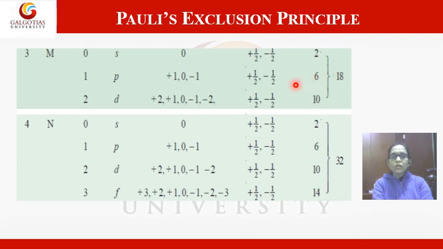Similarly, there are 5 3d orbitals: dxy, dyz, dzx, dx square minus y square, and dz square. For the 3d orbitals, the principal quantum number n is 3, l is equal to 2, and there are 5 different values for the magnetic quantum number.